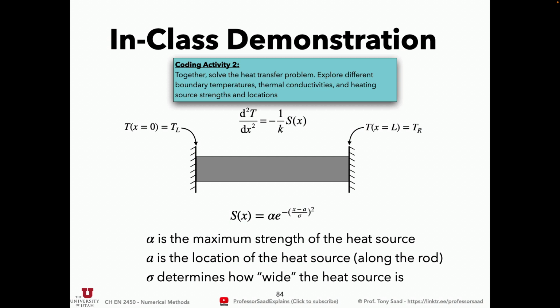We had the location of the heat determined by A, the spread of that heat source, and the alpha, the amplitude of the heat source. If there's any question, let me know. And K told us about how fast the heat is going to be dissipated along.